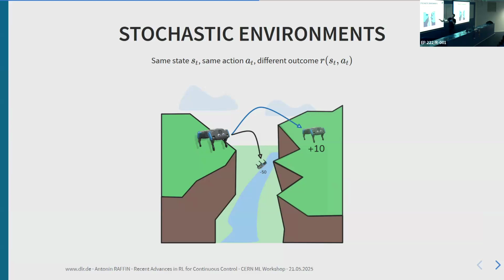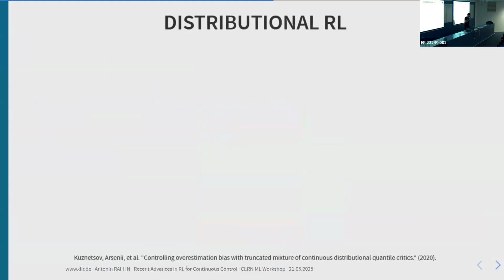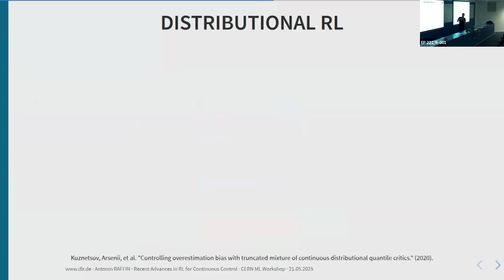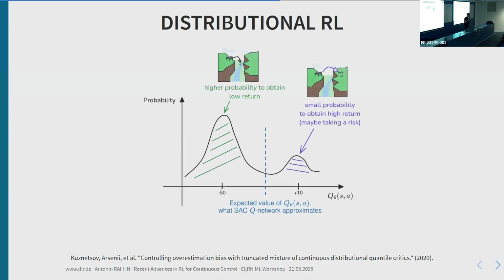But here we are taking a risk, and this is hard to model with classic reinforcement learning. So this is the idea behind distributional RL: instead of just estimating the expected performance, you try to estimate the real distribution of the return.